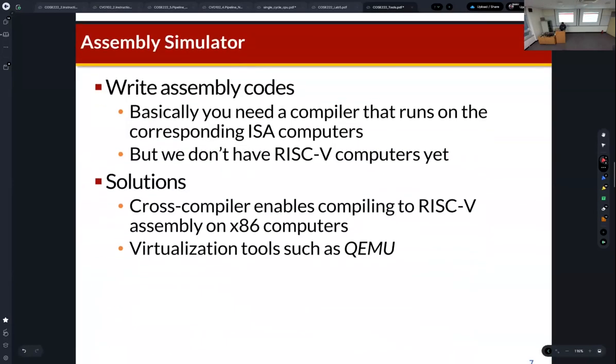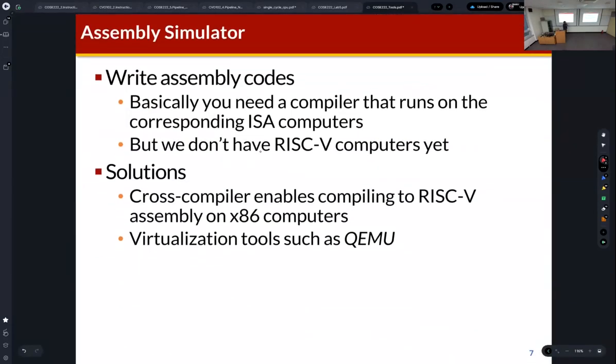It executes the RISC-V assembly instructions. As I mentioned, we cannot execute RISC-V instructions using our smartphones or laptops because the ISA is different.